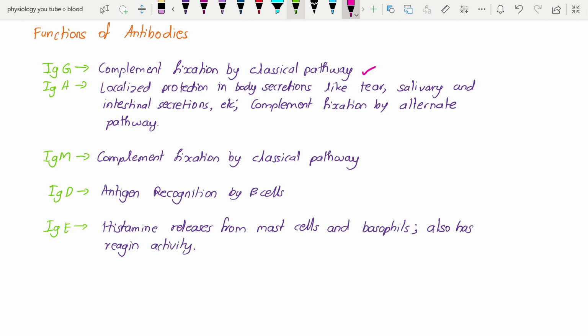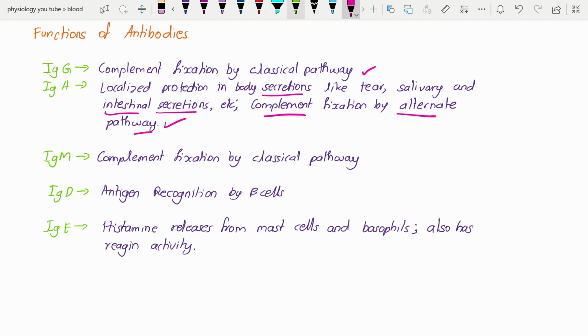Just wait for that. IgA gives localized protection in the body by secretions like tear, salivary secretion, intestinal secretions, etc. Mainly if you hear the word IgA, just remember secretions. It also functions by complement fixation by the alternate pathway. We have different pathways in complement fixation that we will learn soon.